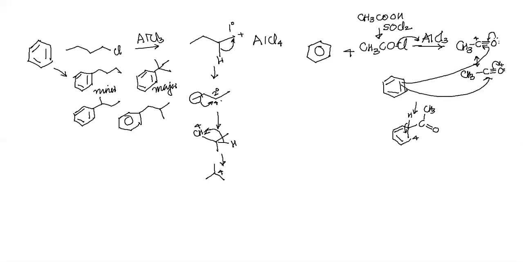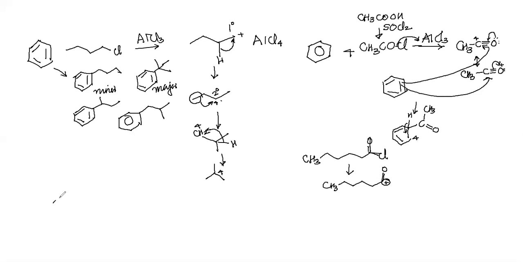That is the mechanism of Friedel-Crafts acylation reaction. Now remember, you can take any acid chloride, see here, I can take this. Now this will form an acylium ion. Remember, no rearrangement occurred. So you get only one product.